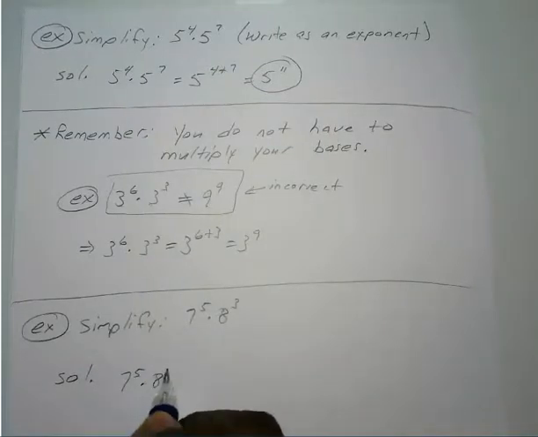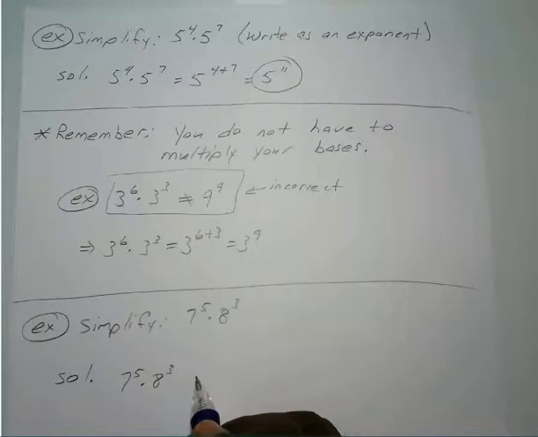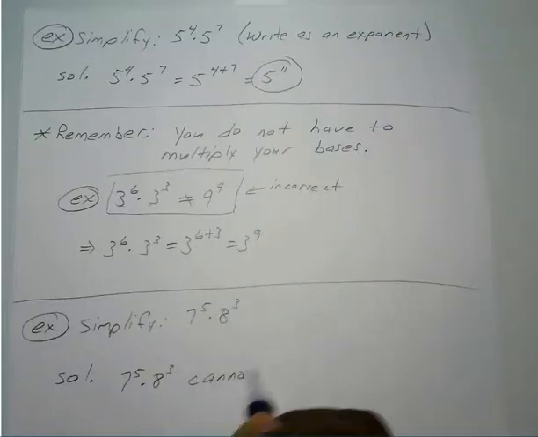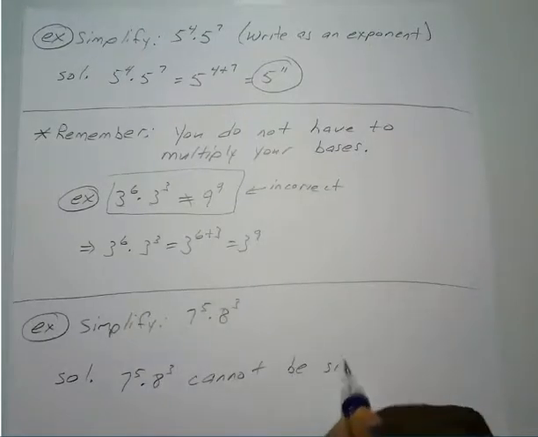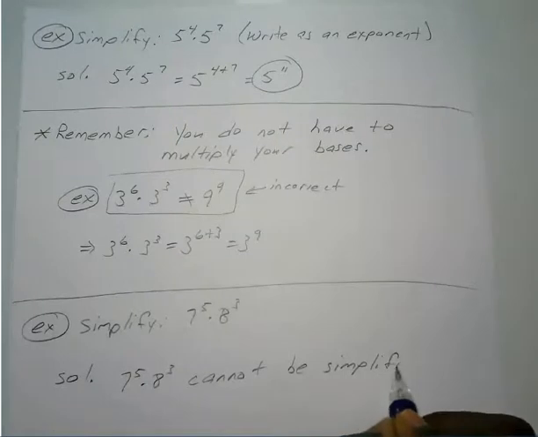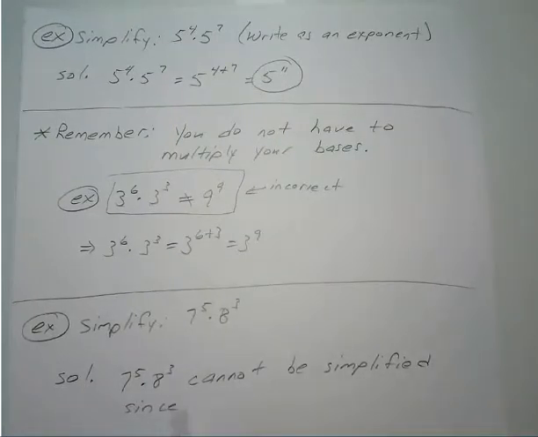7 to the 5th times 8 to the 3rd cannot be simplified, since the bases are different.